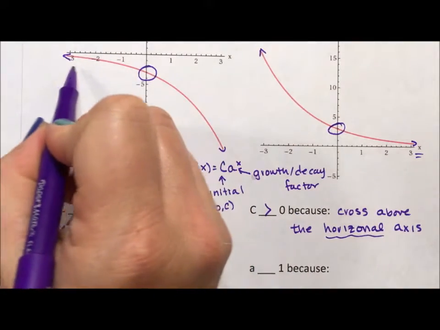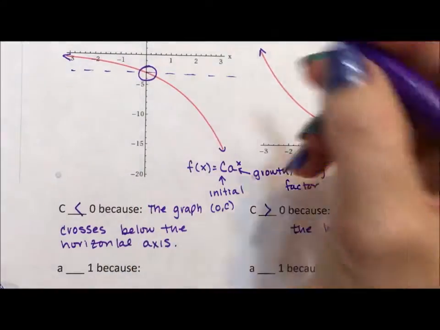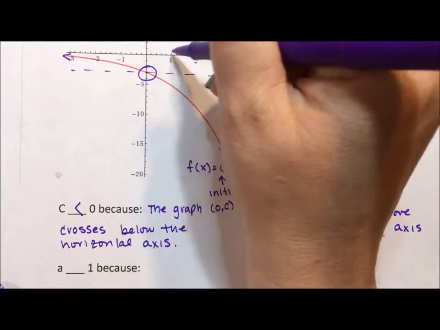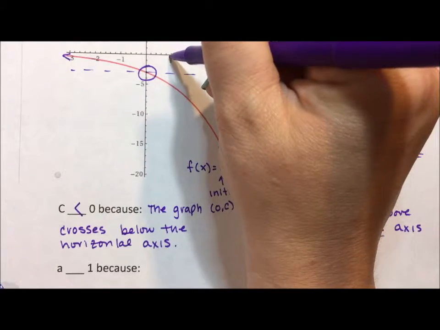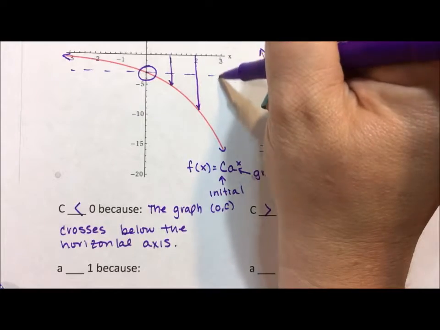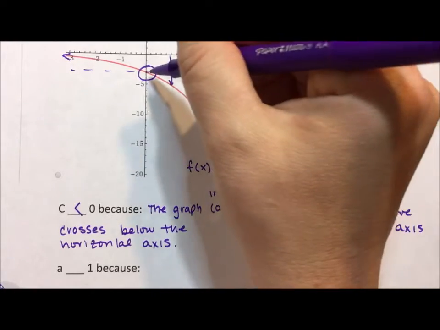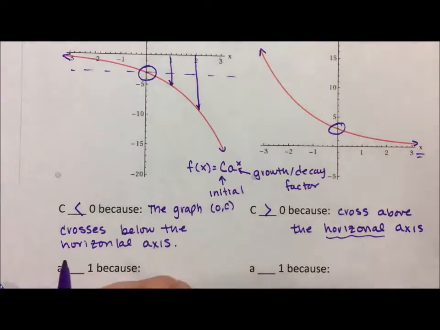If a was 1, we would have a horizontal line right here. If we move forward in time, if we think of this axis as being time, at 0, we're here. At 1, we're here. At 2, we're all the way here. At 3, we're all the way here. Each of these is going beyond 1. Because we're going beyond 1, a is greater than 1.